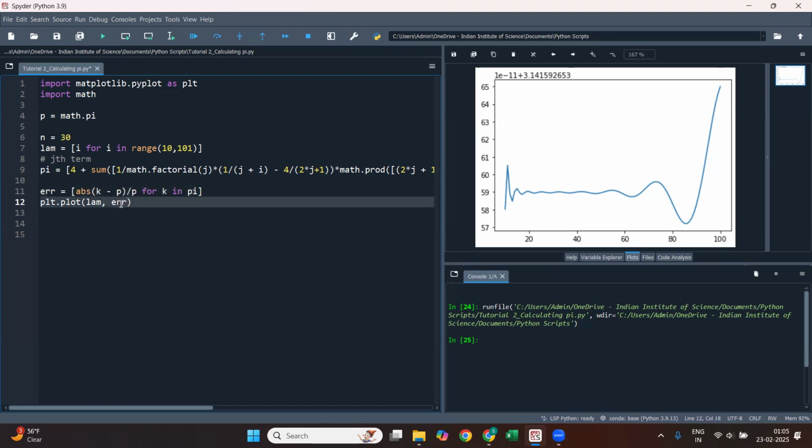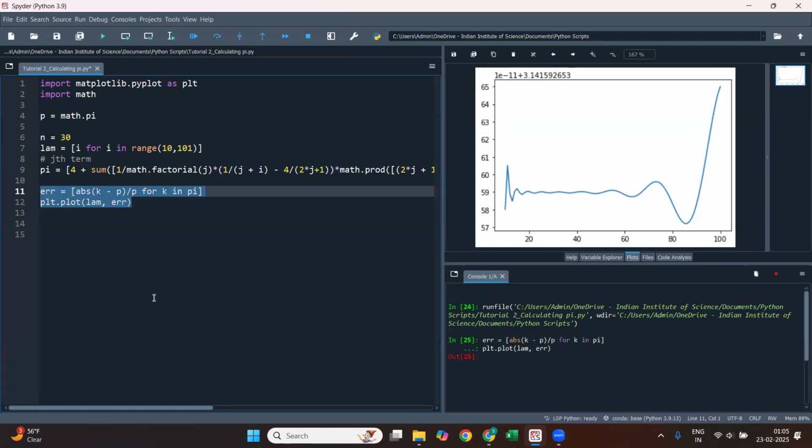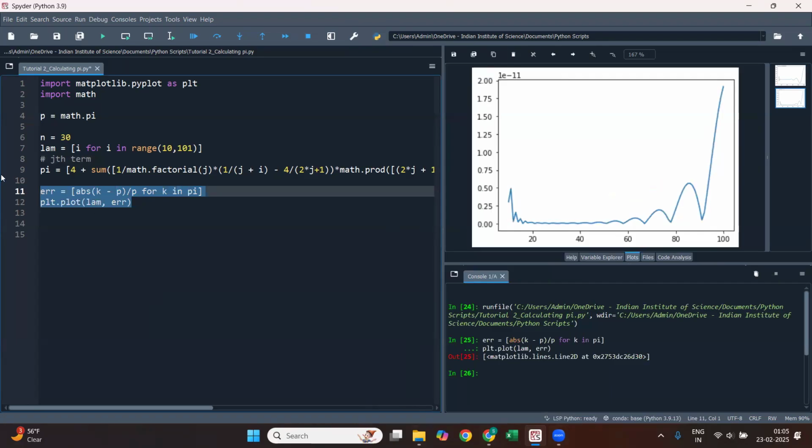So now let's plot the errors rather than plotting the absolute value of pi. That will give us a better idea. So if I just run this line of code, I've got these errors. And as you see, the maximum error that I could see here is of the order of 2 times 10 to the power minus 11.